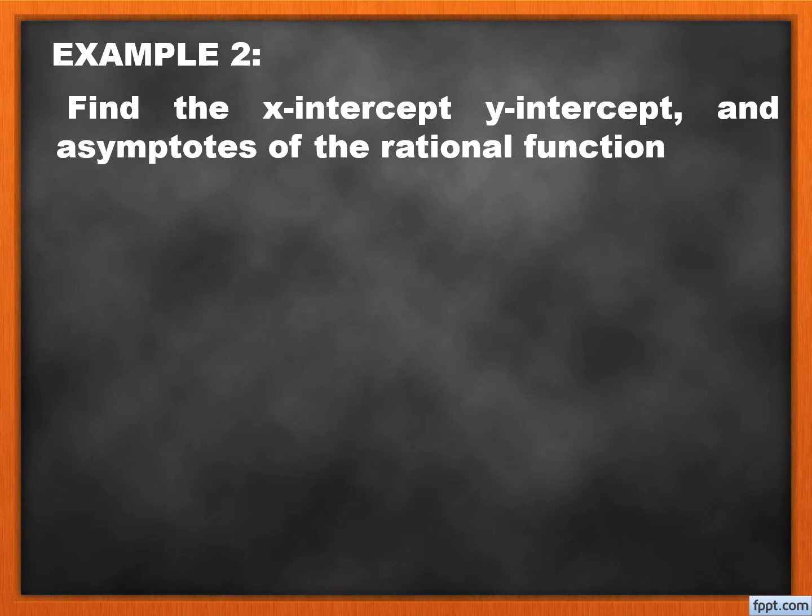Now, let us have example number 2. Find the x-intercept, y-intercept, asymptotes of the rational function f of x equals x plus 1 over x squared minus 4. So, in this case, since you have square on the denominator, make sure na naka-factor out muna siya para mas madali tayo makapag-solve.